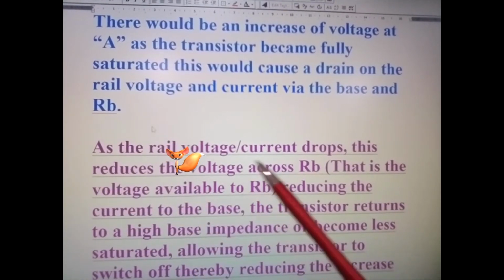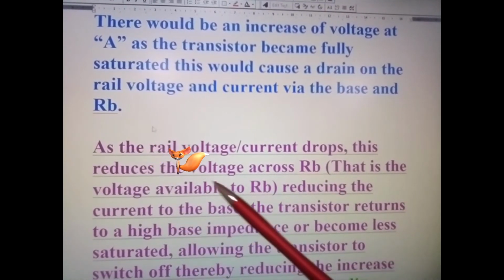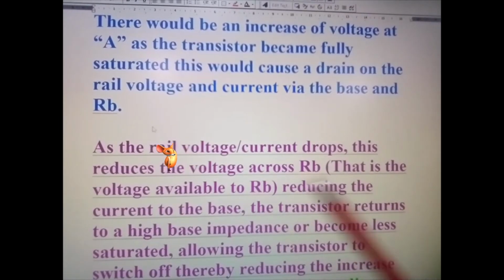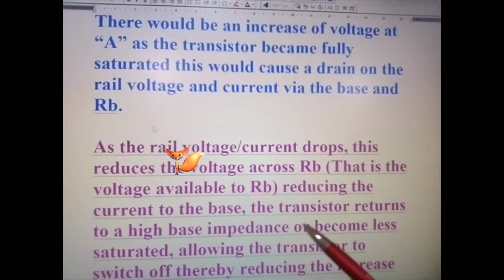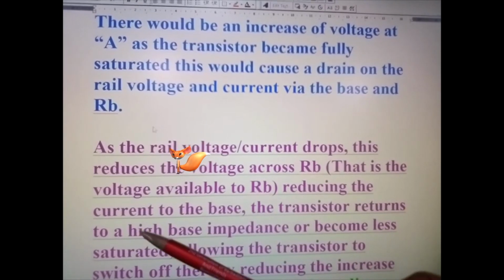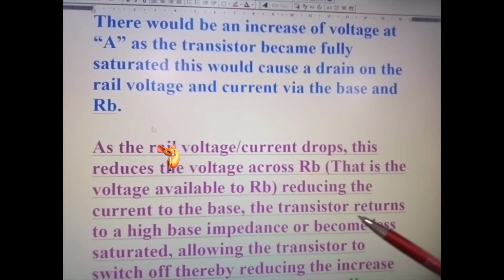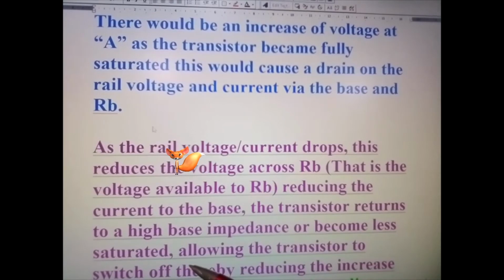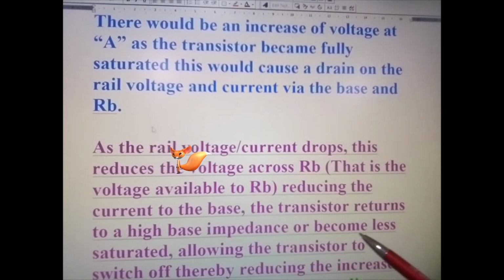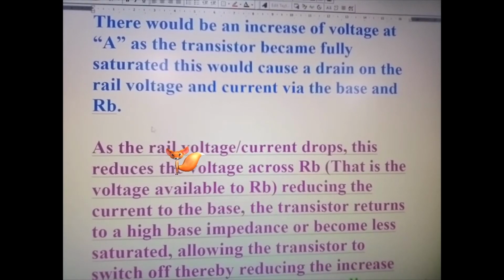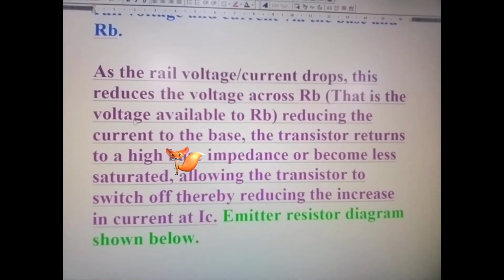As the rail voltage current drops, this reduces the voltage available to RB, reducing the current to the base. The transistor returns to a high base impedance or becomes less saturated, allowing the transistor to switch off, thereby reducing the increase in current at IC. Emitter resistor diagram shown below.